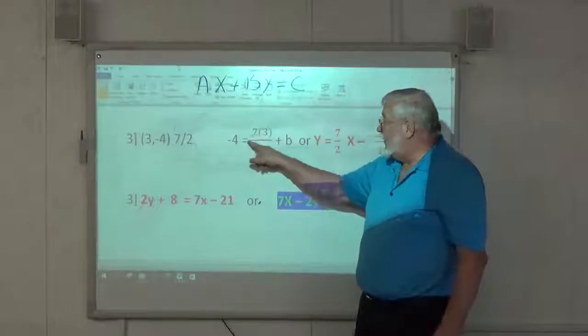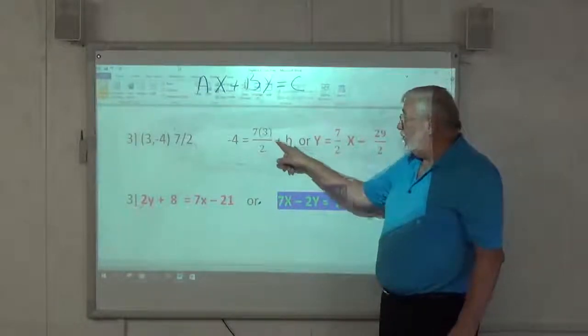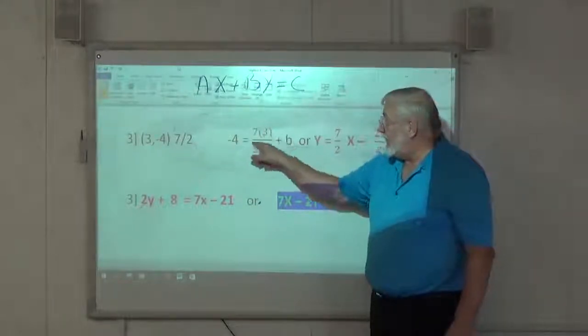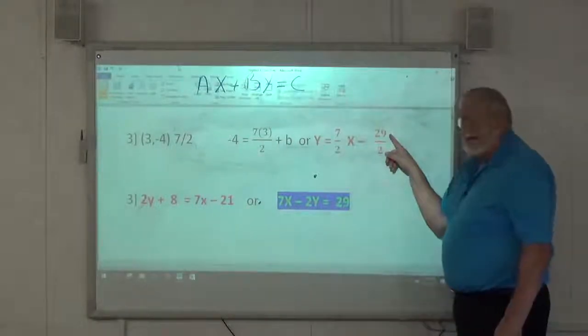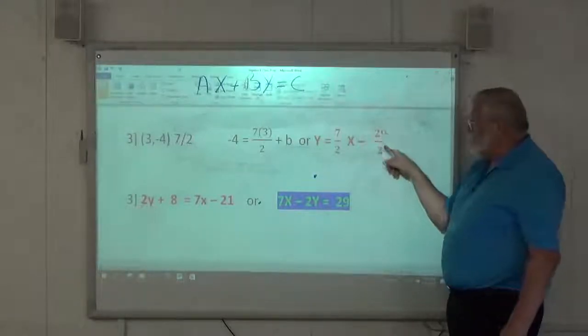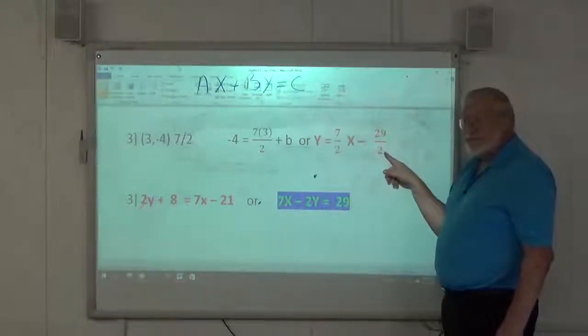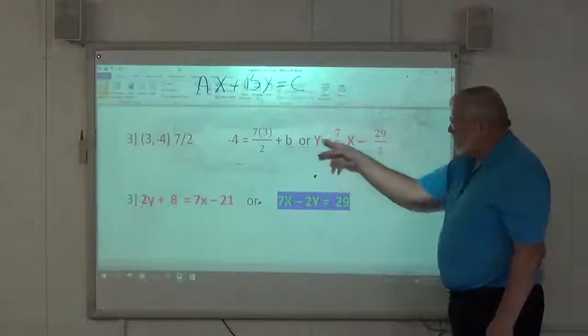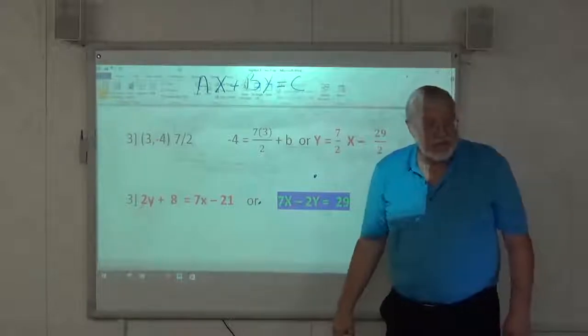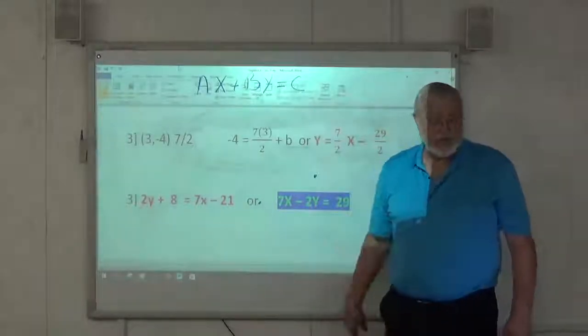Negative 8 equals 21 plus 2b. Alright? Negative 8 minus 21 is negative 29, but then when I divide by 2, it is negative 29 over 2. Alright, now that would be the y-intercept, 29 over 2. It's not a point that's on the line, it's in between 2 lines.